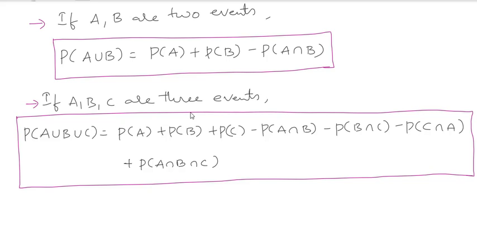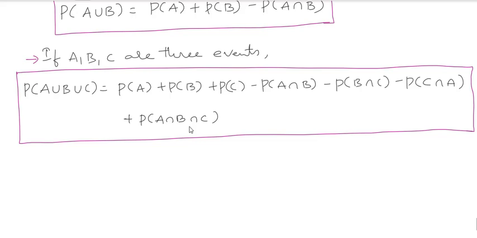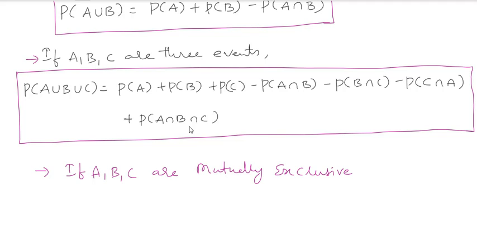Clear with my point? Suppose A, B, C are mutually exclusive events. If A, B, C are mutually exclusive events, what will happen?